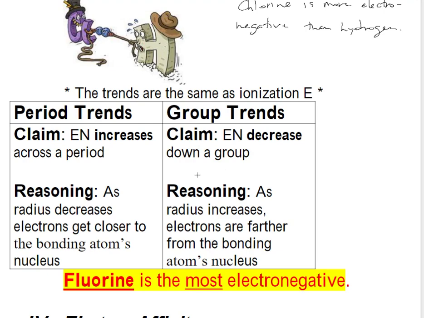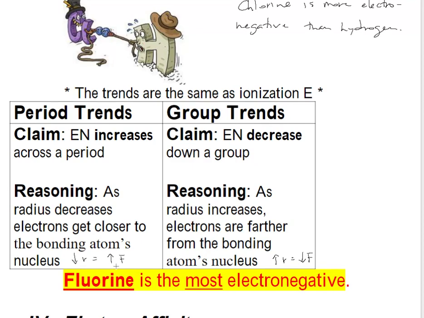Let's put small r equals high force. As radius increases going down, the electrons are farther from the bonding atom's nucleus. So a greater radius equals less force of attraction.